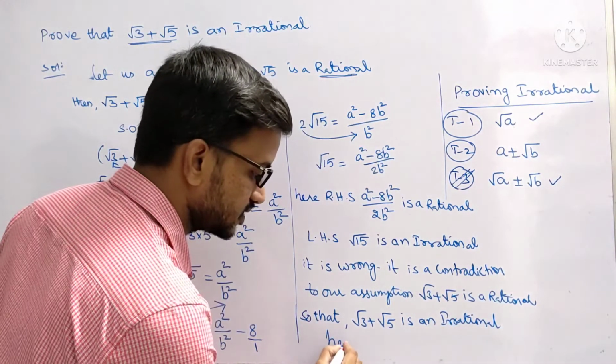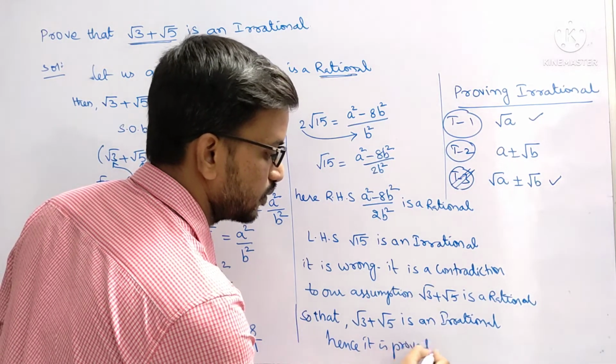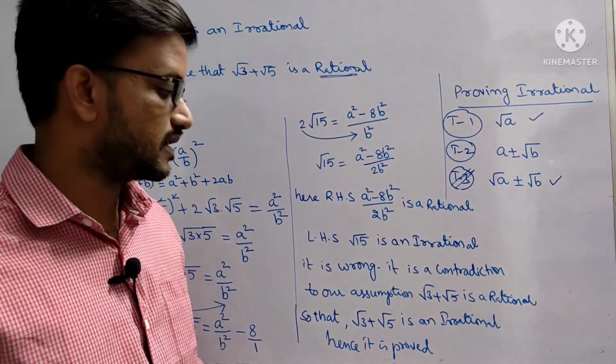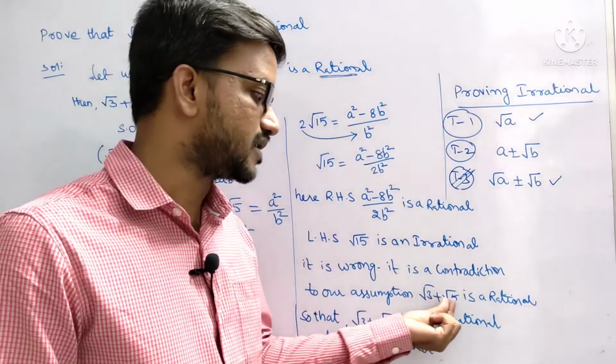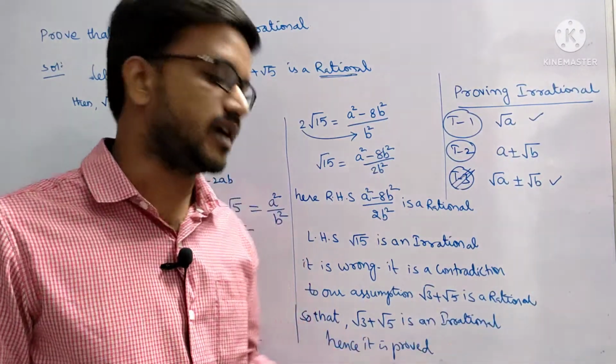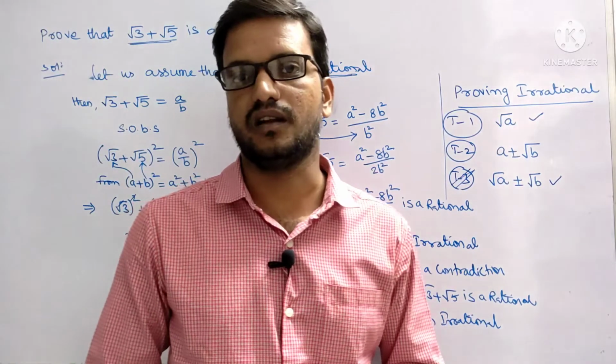Hence it is proved. It completes the solution. Okay students, as root 3 plus root 5 is a rational, this statement is wrong, so we have to accept root 3 plus root 5 is an irrational.